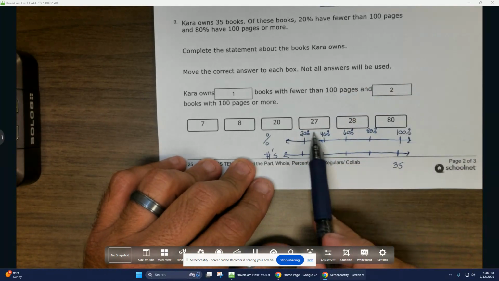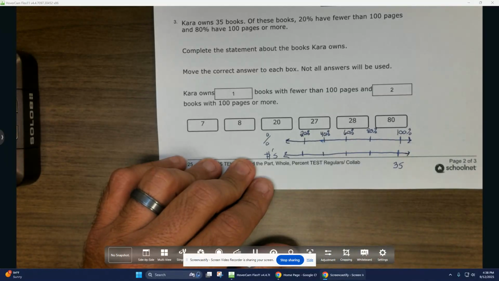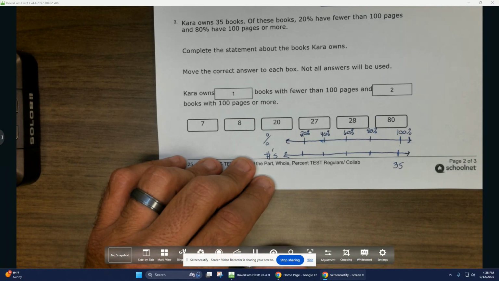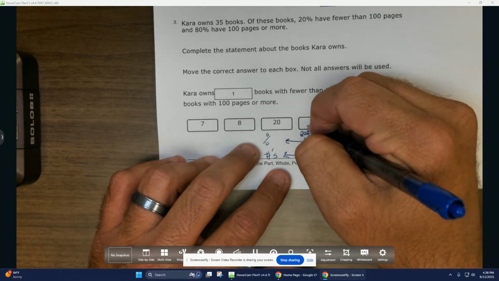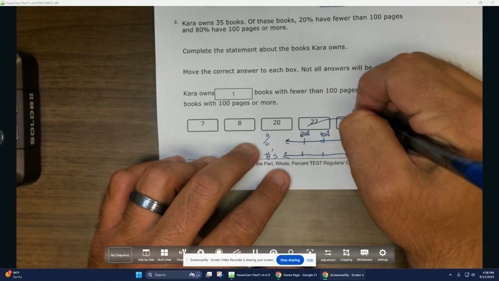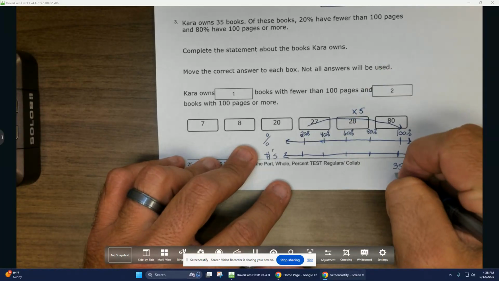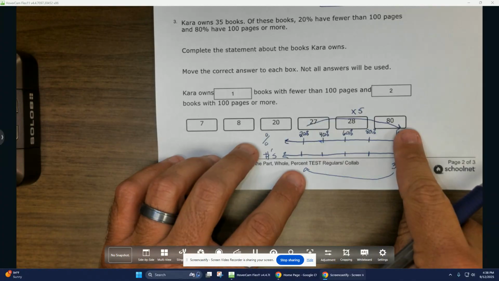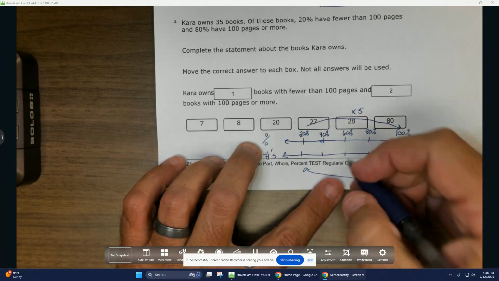Well, guys, how many $20 bills did it take to get to $100? 5. Very good. It is 5. Well, guess what? So to go from 20 to 100, you multiplied by 5. Look at your arrow. It's going in the opposite direction, so do the opposite operation.